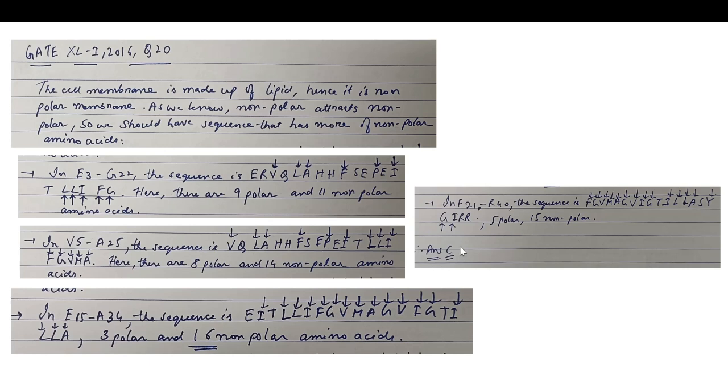If you compare the four options, option C has the greatest number of non-polar amino acids, and only three polar amino acids are present in option C. So the answer to this question is option C.